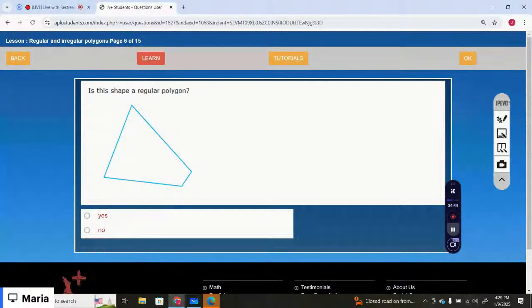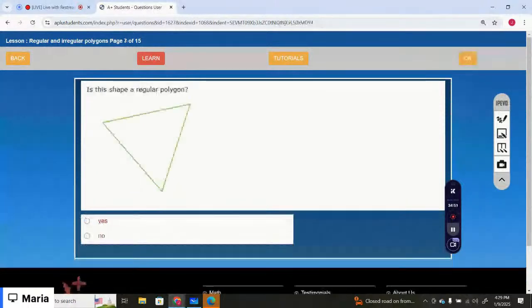Is this shape a regular polygon? No. Yes, that is a regular polygon.